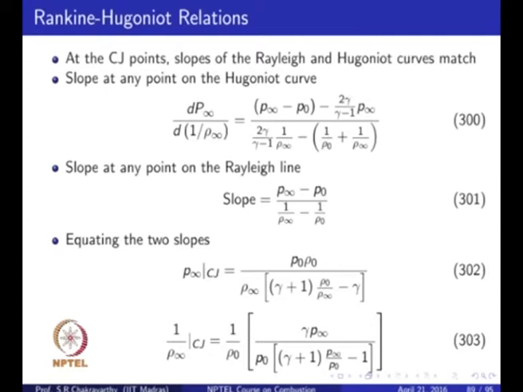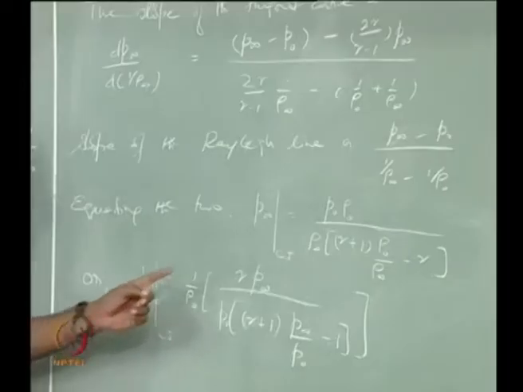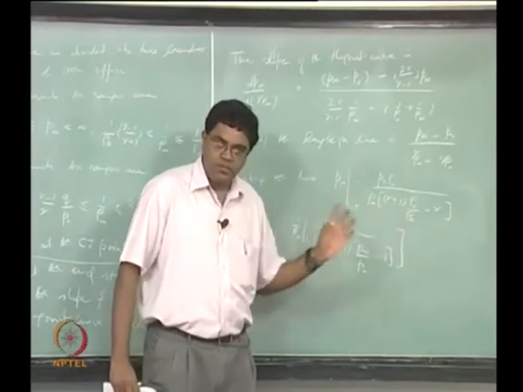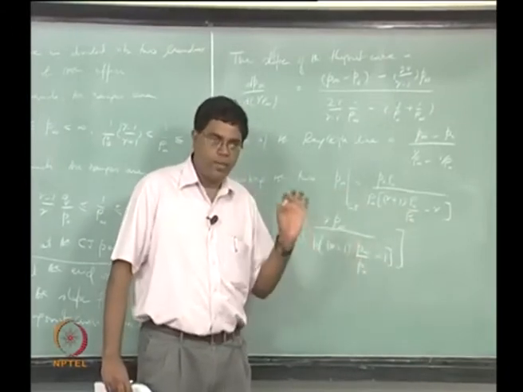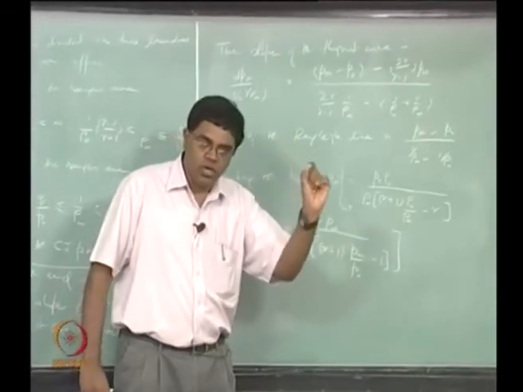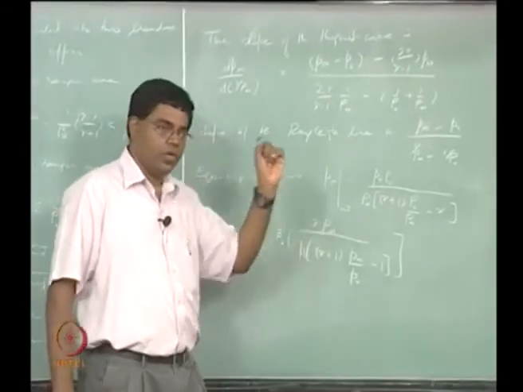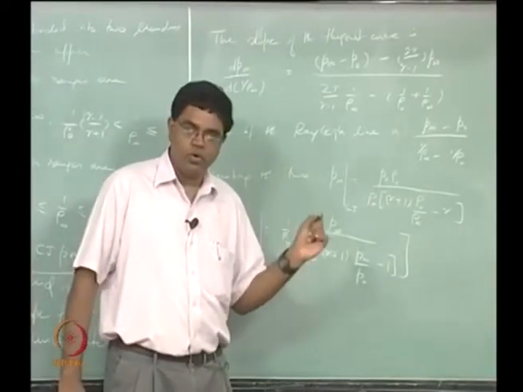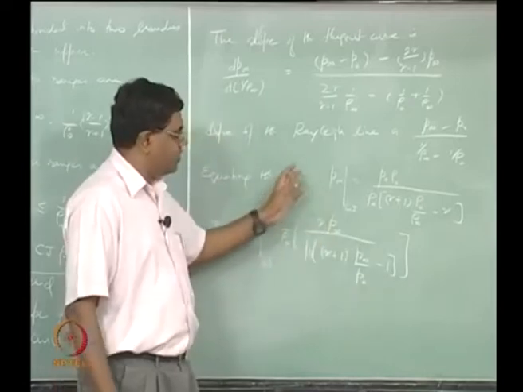Okay, it doesn't really solve much. We have not really got the coordinates yet, because here p infinity depends on rho infinity. So what is meant by getting the coordinates? We should now be able to write p infinity only as a function of p naught, rho naught and Q, and 1 over rho infinity in terms of p naught, 1 over rho naught and Q. But this is a mixed thing.